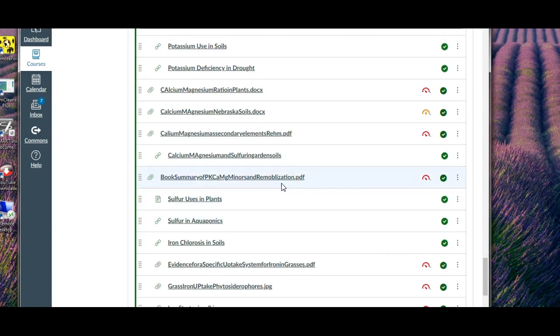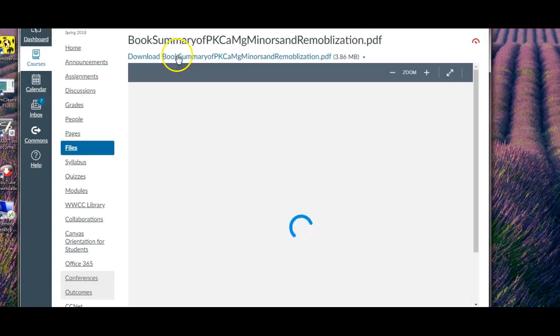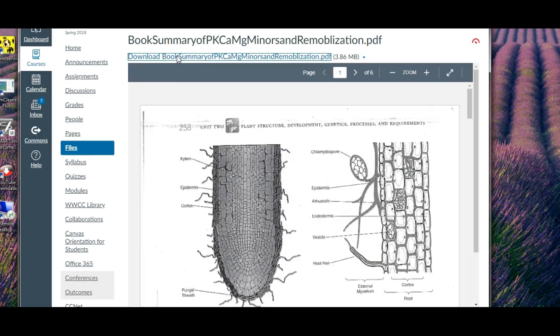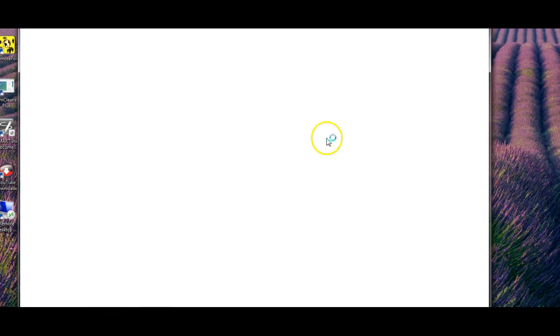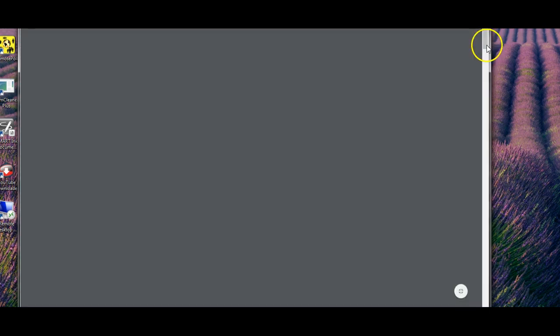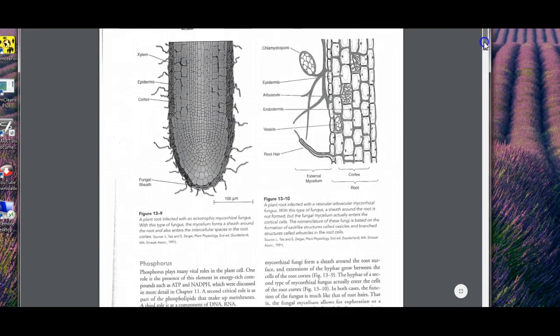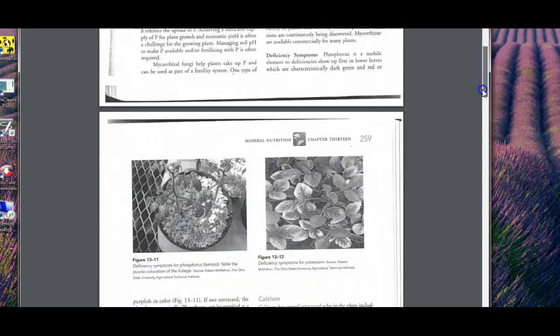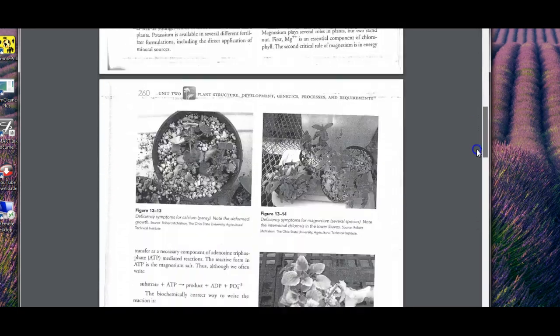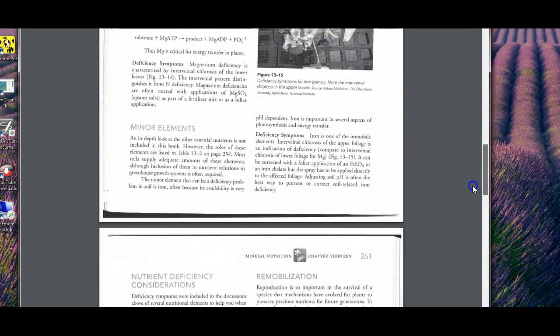Let me look in my book summary to see if I have page 261 in here before I totally shut us down. Okay, 258, 59, 60. Ha! I have 61.